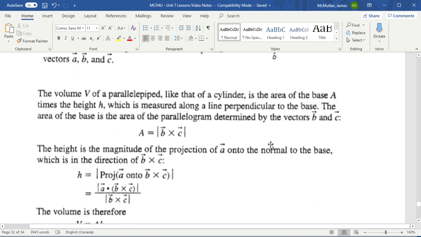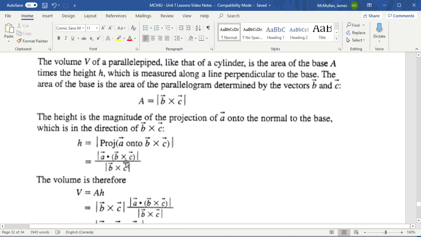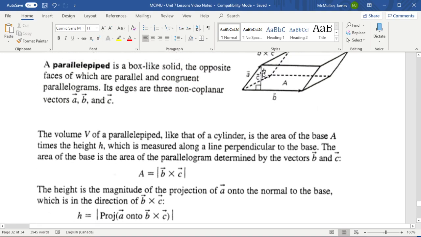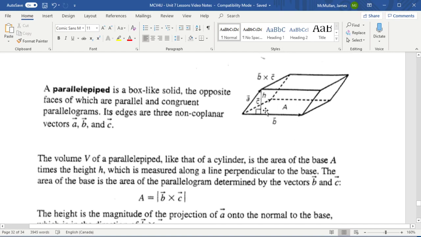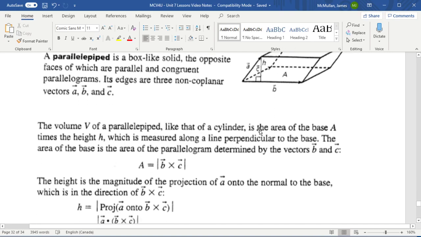So the normal, when I say normal, I mean I need something that's perpendicular to both. It's difficult for me to explain this in this format, but maybe with a piece of paper you could try it, or I can try designing a GeoGebra that might help us understand this.